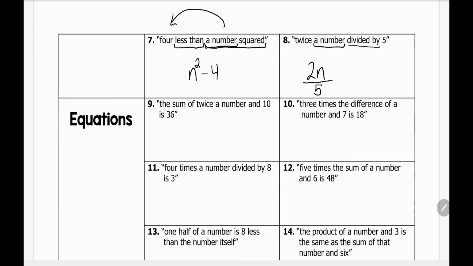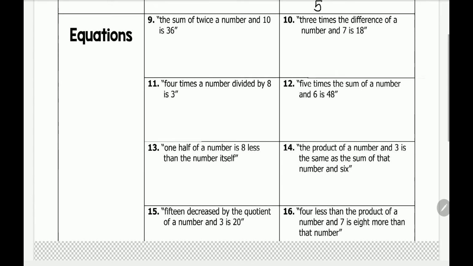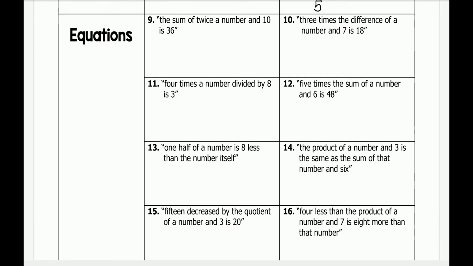Alright, so we can also have equations for this. So we can use some of the language to create an equation. In this case, number 9, we have the sum of twice a number and 10 is 36.